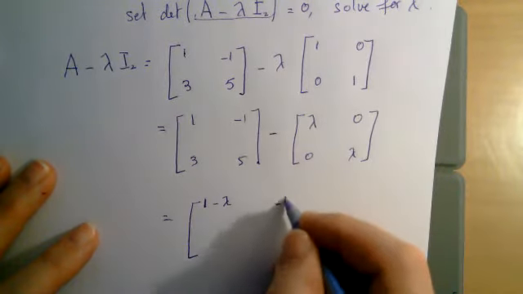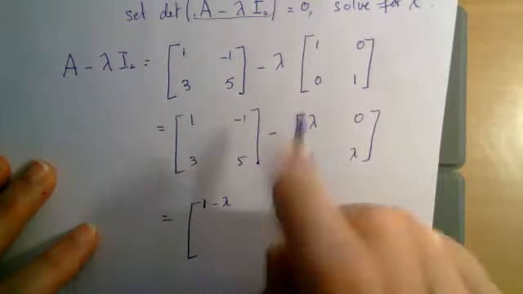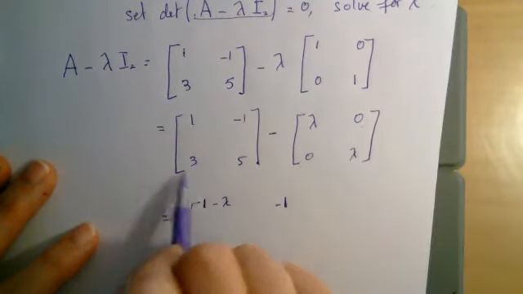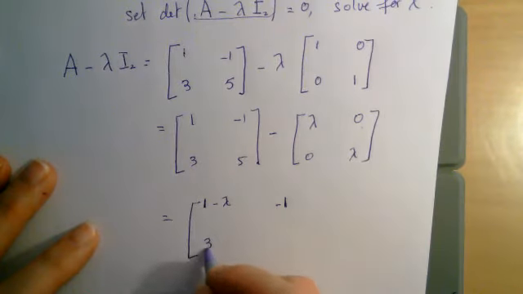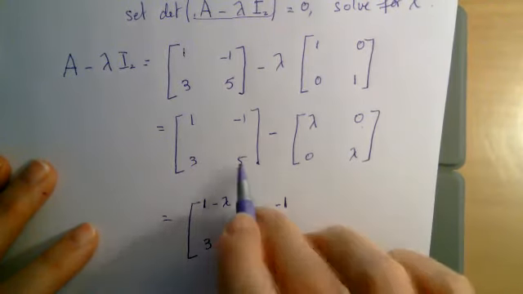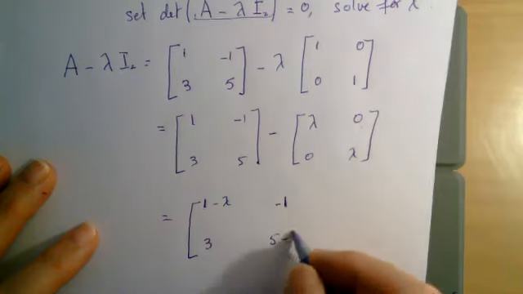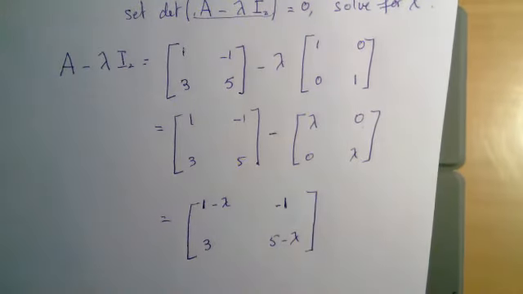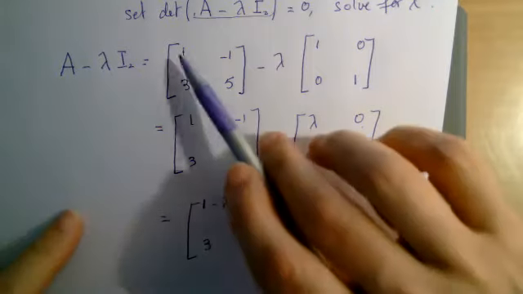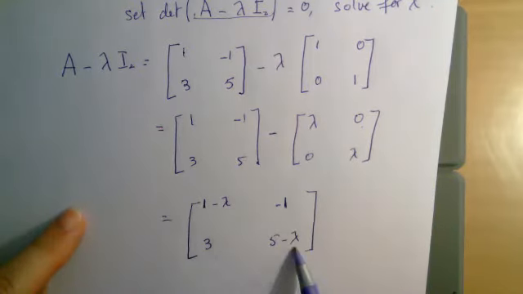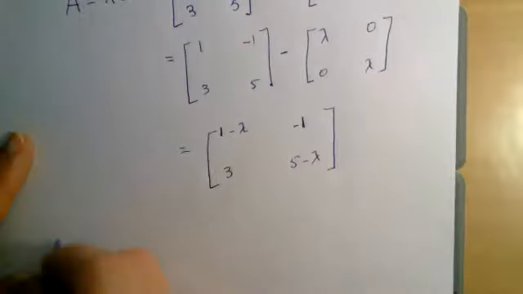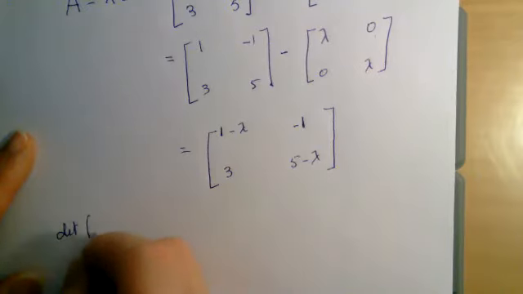So for the terms off the diagonal, I'm taking 0 from them, so they're not really being changed. 3 minus 0, that 3 has to remain. And 5 minus lambda. So when I'm taking A minus lambda I, what I really do is take lambda from the terms on the diagonal, and I'm not touching the other terms. Now we have to compute the determinant and set it equal to 0.